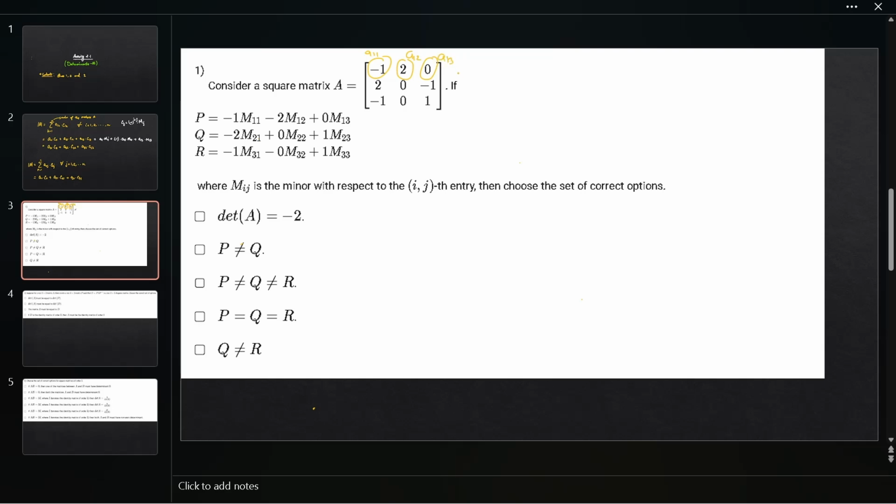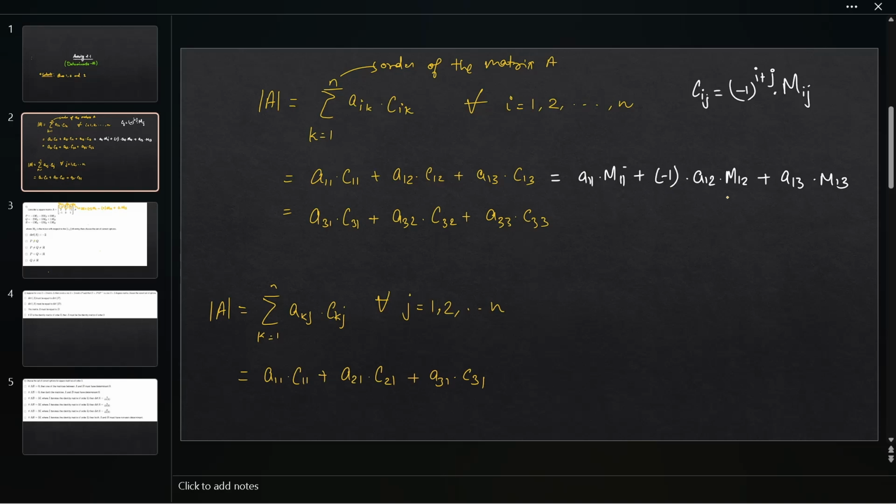So if I expand it along row 1, it is going to give me the determinant of A as minus 1 times M11 minus 2 times M12 plus 0 times M13, which is the exact same thing that we have seen here.